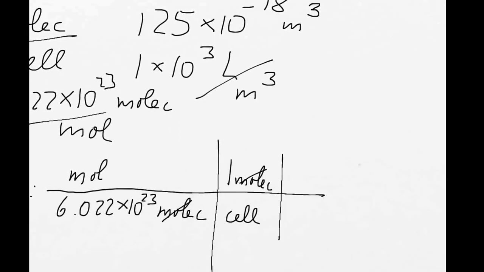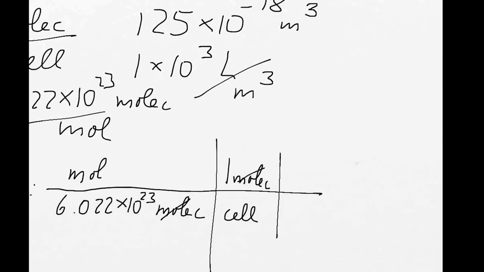What else do we know? Now we have the cell down here. Well, we know that a cell has a volume of 125 times 10 to the minus 18 cubic meters. And we can say 125 times 10 to the minus 18 cubic meter per cell.